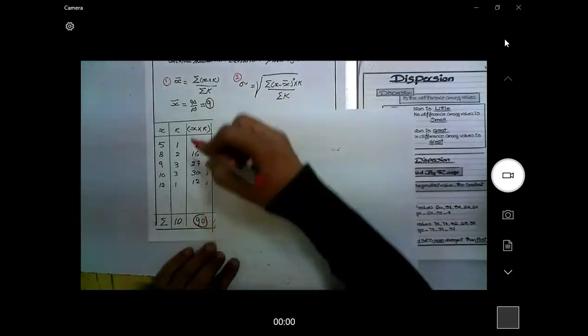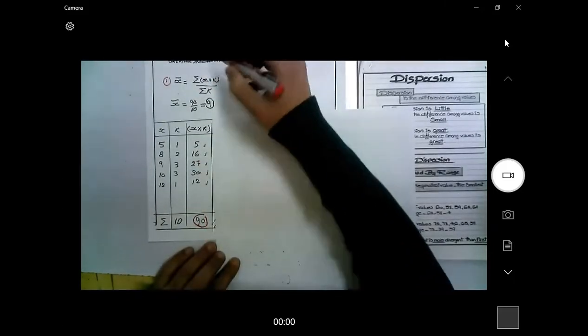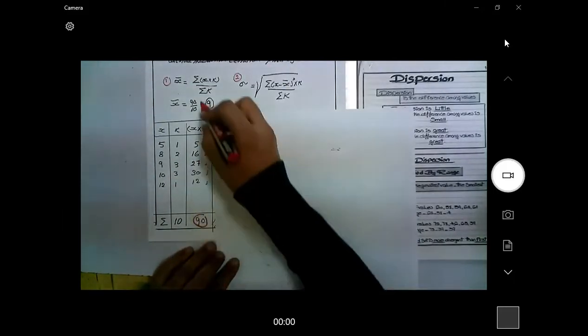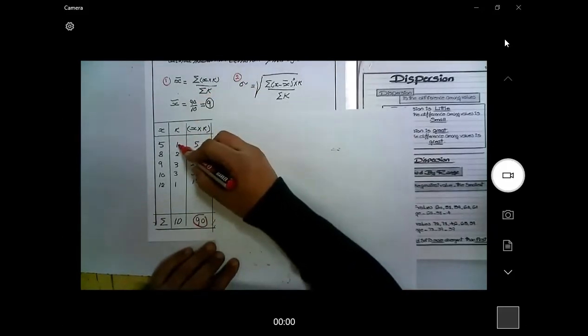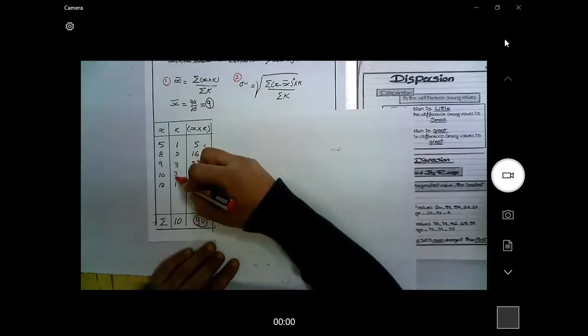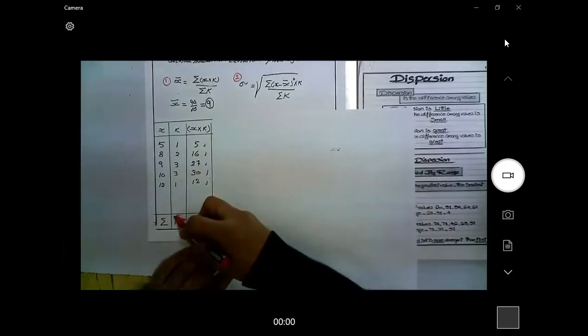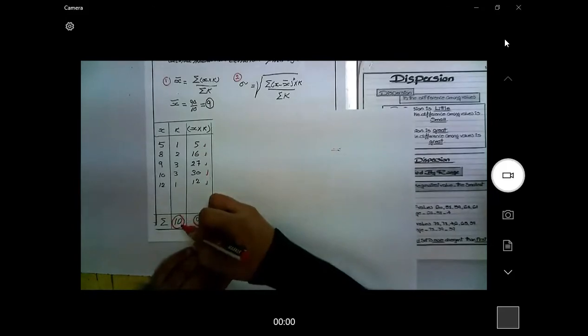This is the summation of x times k over summation of k. Summation of k, 1 plus 2 plus 3 plus 3 plus 1 is 10. This is the total number of persons.